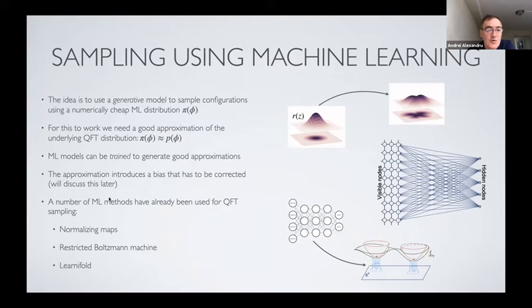And of course, you can use any generative method from machine learning to generate these underlying distributions. There are a number of things that have already been employed for QFTs.